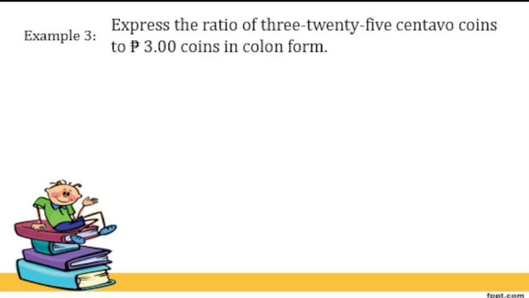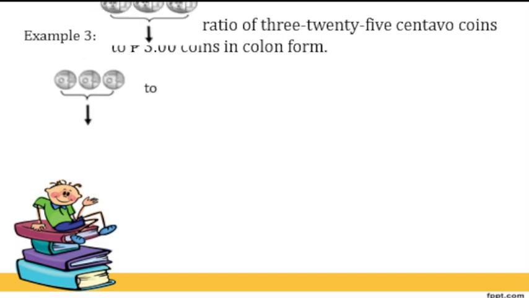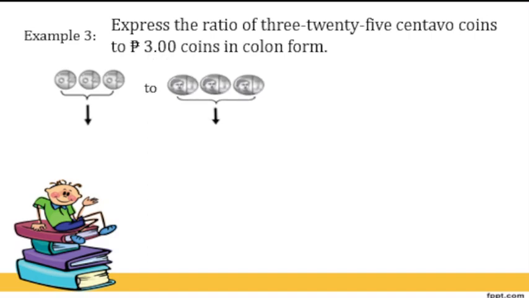We have the 3 25-centavo coins and 3 peso coins. Can we compare them? Can we get the ratio? So let me write the 3 25-centavo coins and compare to 3 peso coins.